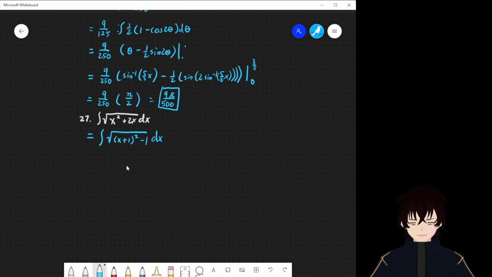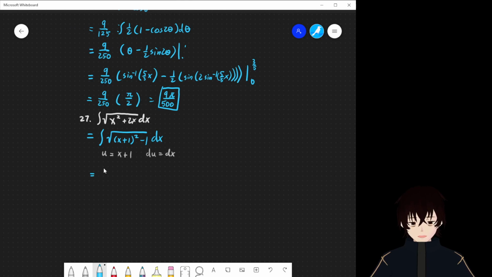And here's the tricky part. This looks like we need to do a u sub first. u is equal to x minus 1, du is equal to dx. No, x plus 1. What am I doing?